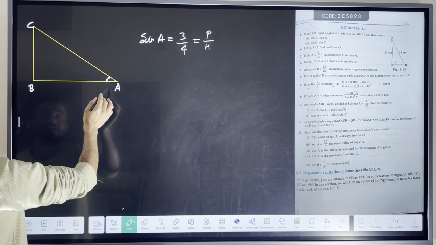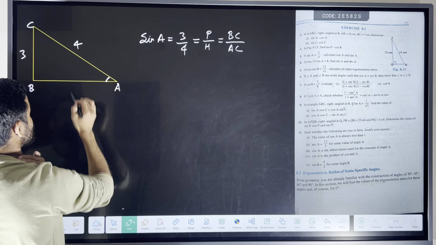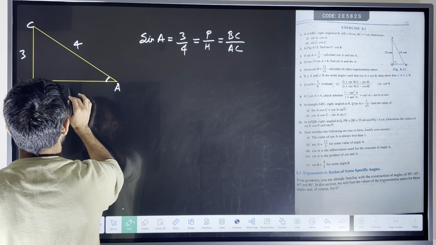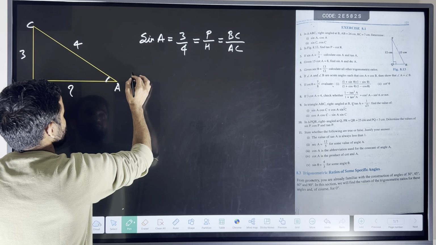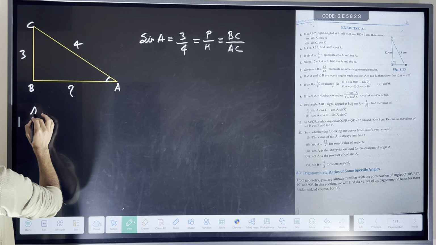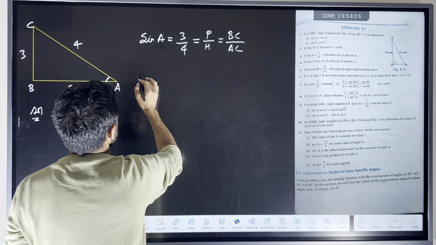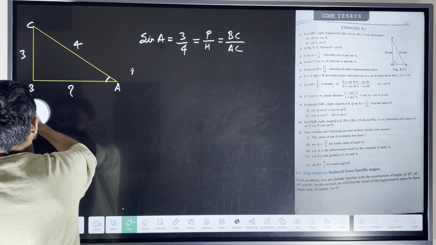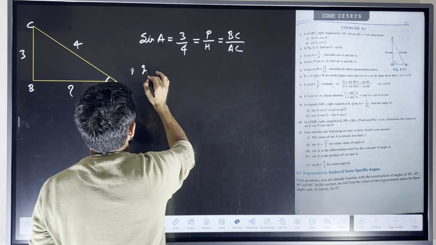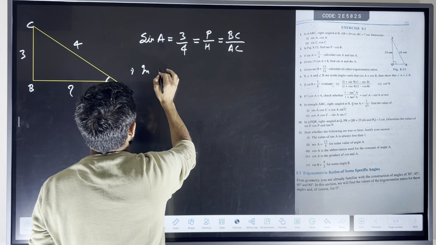So now BC is equal to 3 and AC is equal to 4. So what will be the value of this side? Now we will apply, in triangle ABC, Pythagoras theorem.